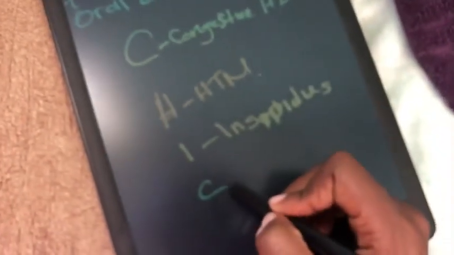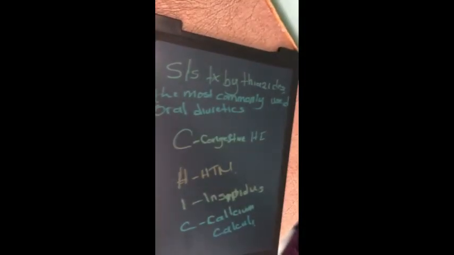And the last one is calcium calculi. Those are some of the symptoms treated by the thiazide drugs, the most commonly used oral diuretics: congestive heart failure, HTN, insipidus, and calcium calculi.